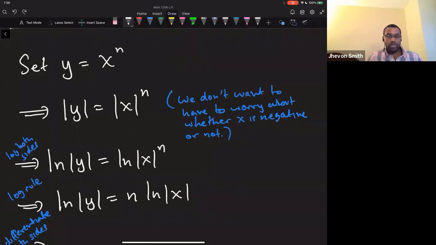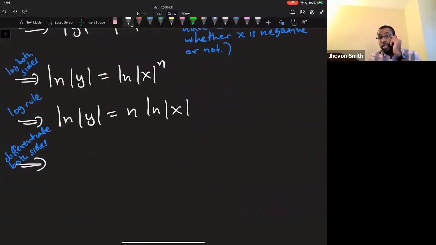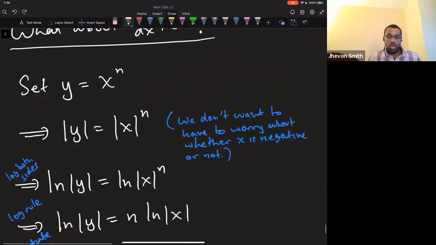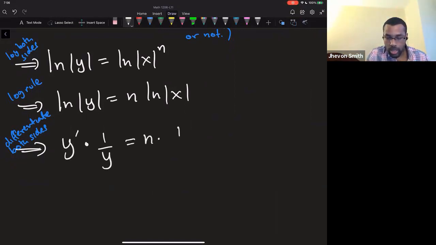So yeah, that's nice that we have that there. But also notice that this y is a function of x. It's not just an x. So the chain rule applies on the left side. So this is actually going to be y prime times 1 over y. Here you're going to just have 1 over x.